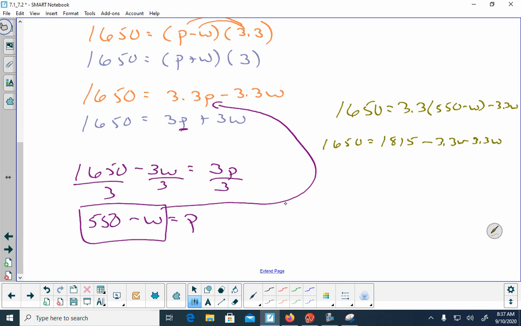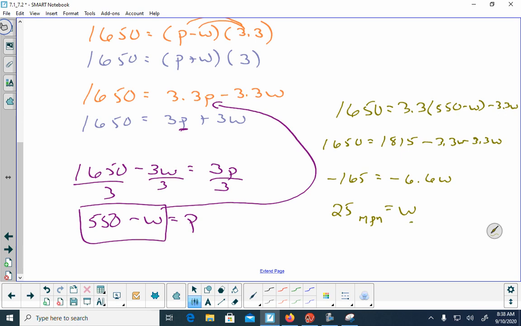So now I'm going to take 1650, subtract that 1815, and get negative 165 is equal to negative 6.6w. Divide, and I get w is equal to 25. So that's going to be 25 miles per hour. That is the speed of the wind.